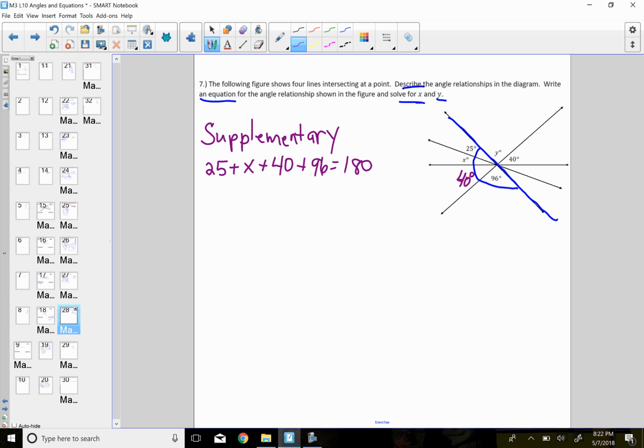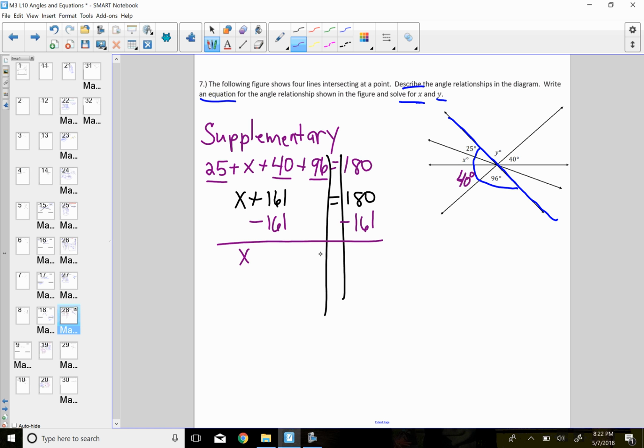If I combine like terms, 25, 40, and 96, I get an equation that is x plus 161 equals 180 degrees. To solve this, all I have to do is subtract 161 on both sides, and my calculator is going to tell me x is 19 degrees.